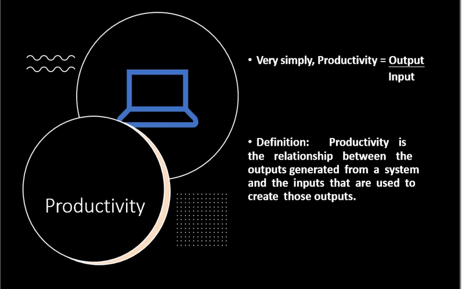Now, how can we increase productivity? If we see this formula, when the same quantity of input is used and you get more output, the input is constant and your output continuously increases, then your productivity will increase. Next, if your input increases and output also increases, but the rate of increase of output is more, then your productivity will also increase. Next, if your input is decreased and you get the same amount of output, then your productivity will also increase. So by use of this mathematical formula we can improve productivity.